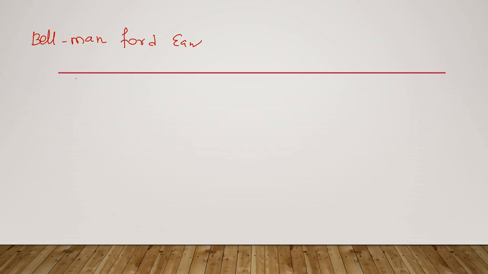For example, the source node will be considered as x. Your destination node will be considered as y. In between are the intermediate nodes like a, b, c and so on.